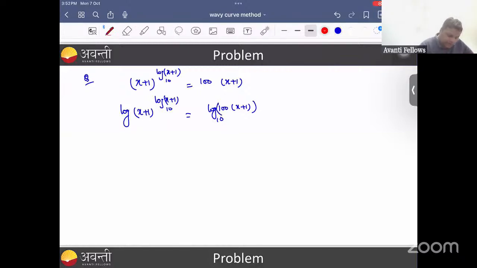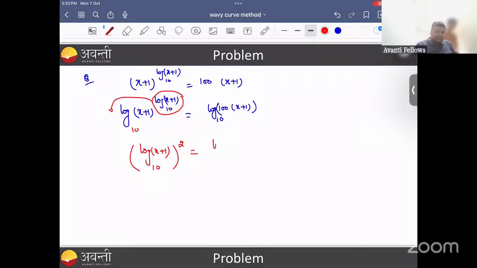Now if you see, this power will come out. So this will become (log (x plus 1) base 10) whole square is equal to log 100 base 10 plus log (x plus 1) base 10. Now again same thing.